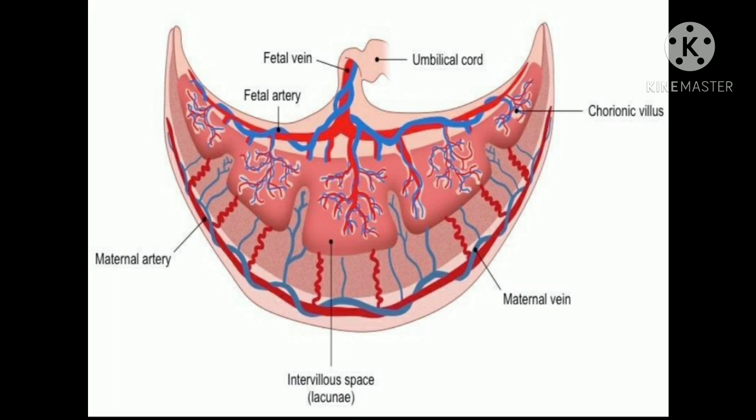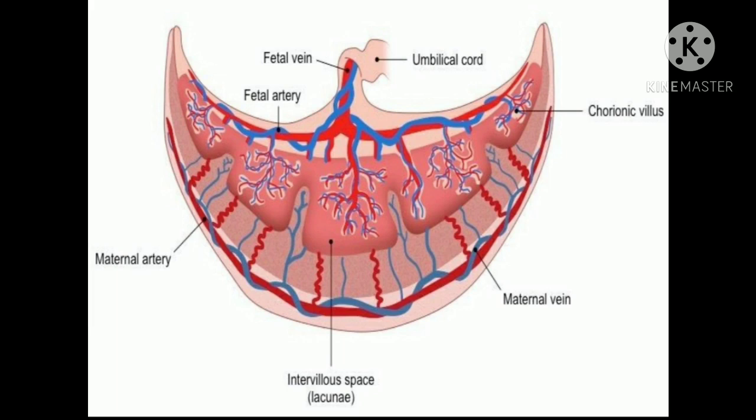Therefore it is called fetal. Then you can also see the maternal artery on the left side, meaning the arteries of the mother. On the lower part you can see the intervillous space, the lacuna. The space in between them is called the intervillous space.